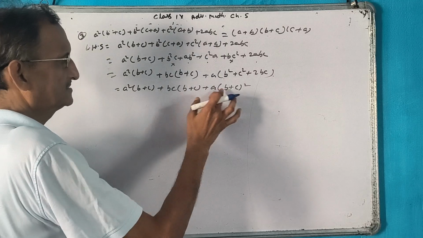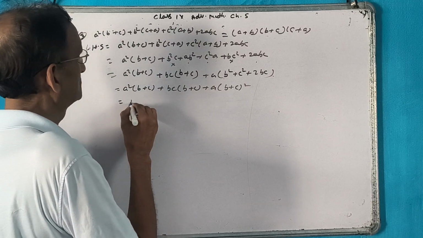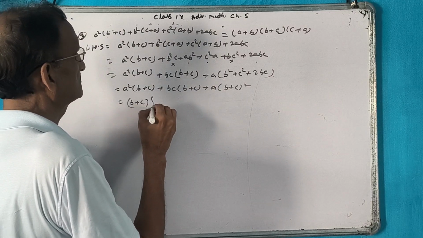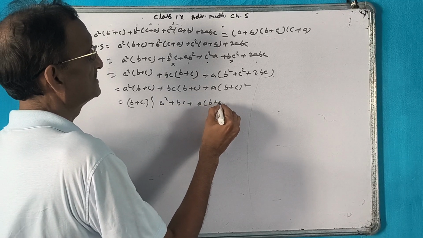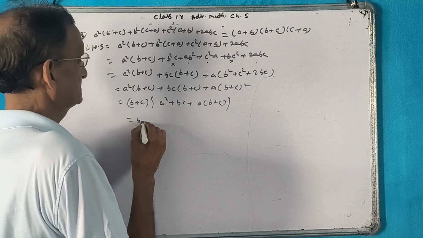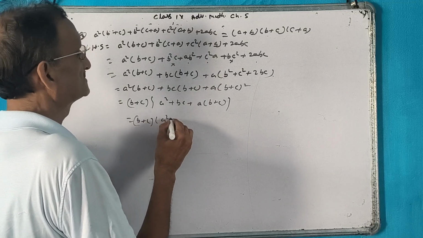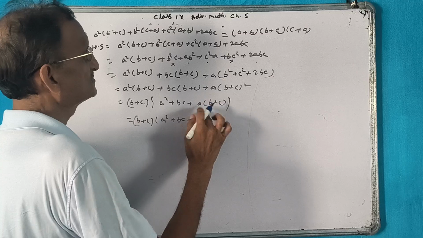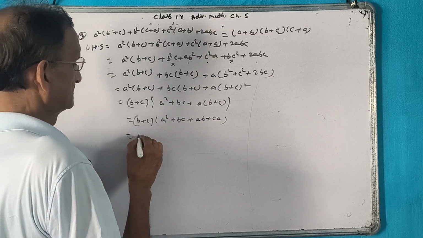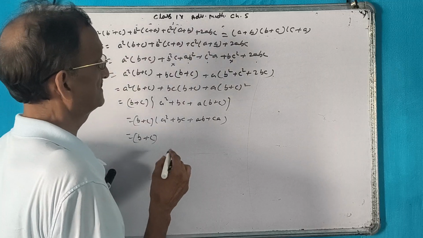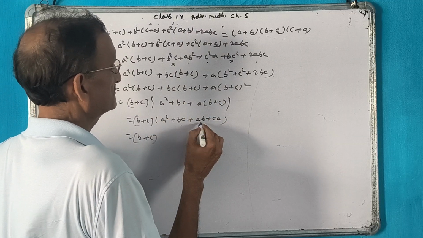See, in all three terms B plus C is common. So take out B plus C, what will you get? A square plus BC plus A into B plus C. This is B plus C into A square plus BC. You need to remove this bracket. What will you get? AB plus CA. So B plus C is there. From here, can you take C common?